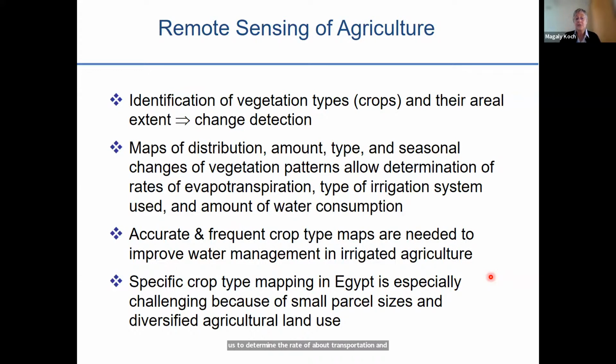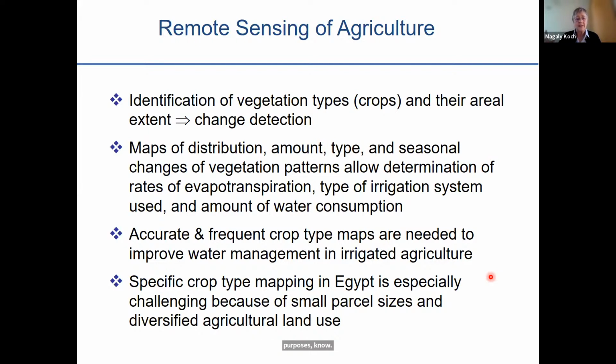And that allows us also to assess the type of irrigation system used, the amount of water consumption, and also the agriculture intensity, how intensively the area is being used for agricultural purposes.